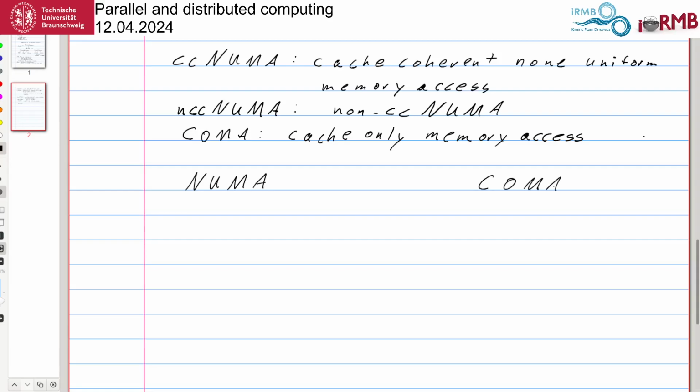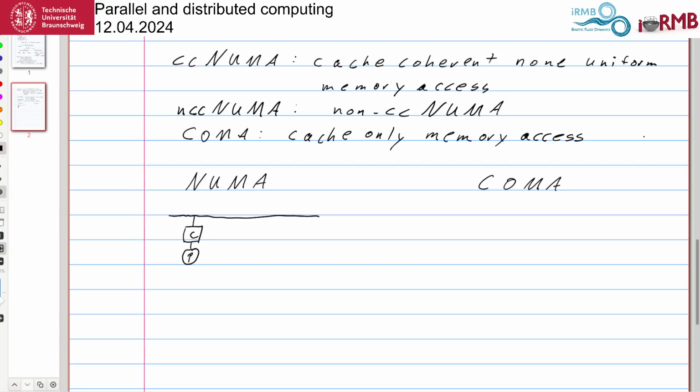Now I just wanted to draw a small picture. I hope it conveys the meaning of COMA and NUMA. Say we have here a cache that is connected to a processor, like the core.